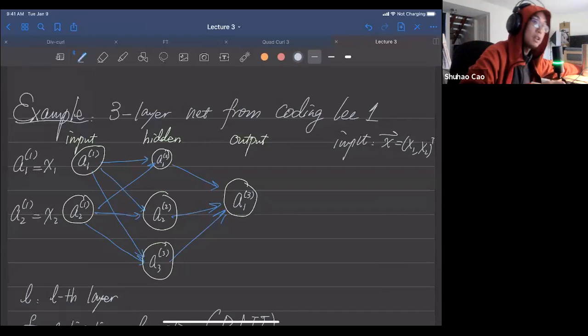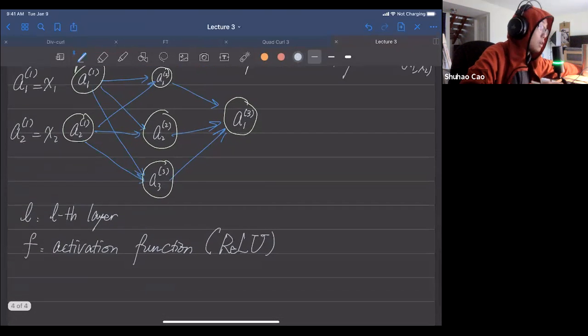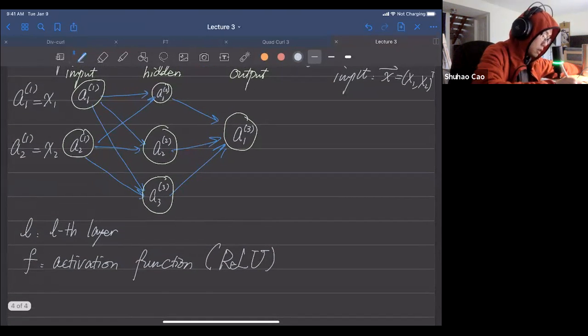Using the vectorized notation, we can review what happens. The weight matrix associated with the first layer is W1, and the bias is B1, a bias vector. And the weight associated here is W2, and the bias, we only have one bias this time, which is B2.